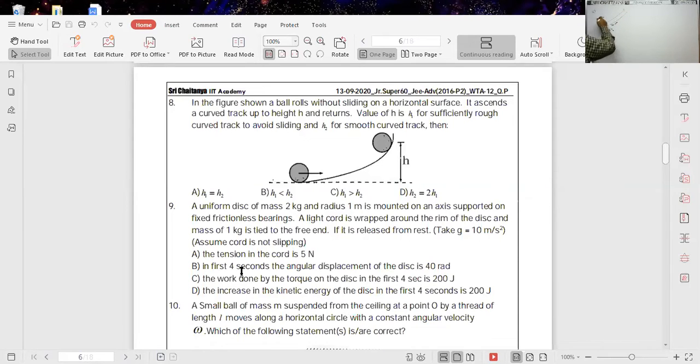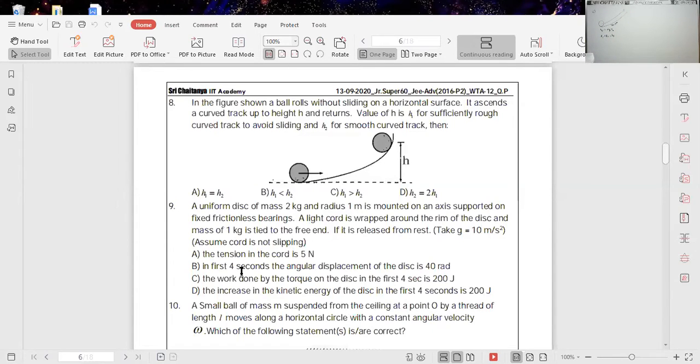Whenever it is rolling without slipping on the rough track, to reach the height h1, the body has translational kinetic energy and rotational kinetic energy also. So with this, by rolling without slipping, it can reach a height equal to h1.